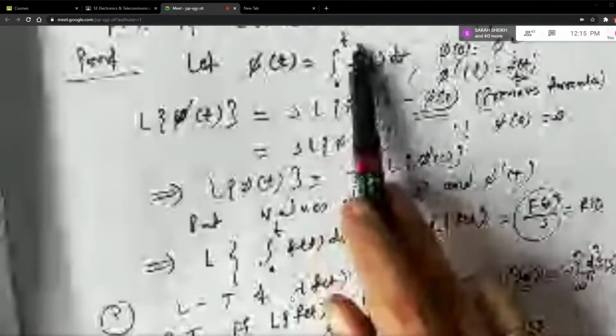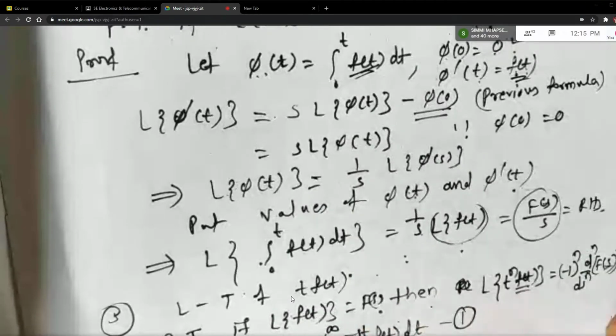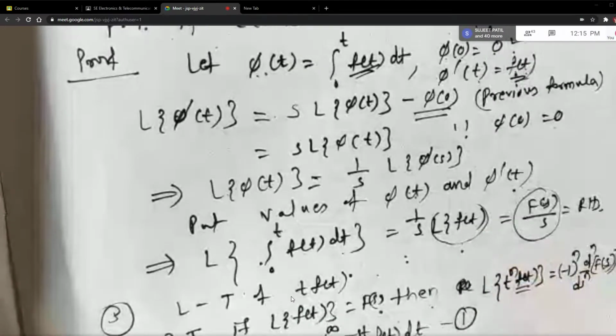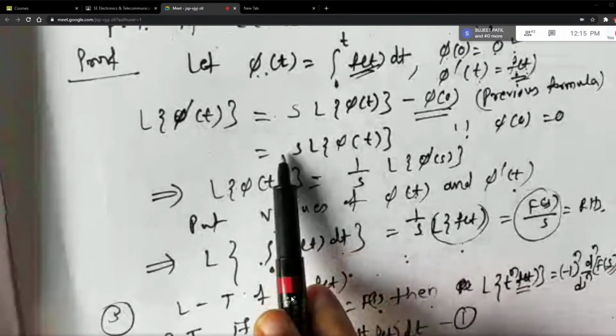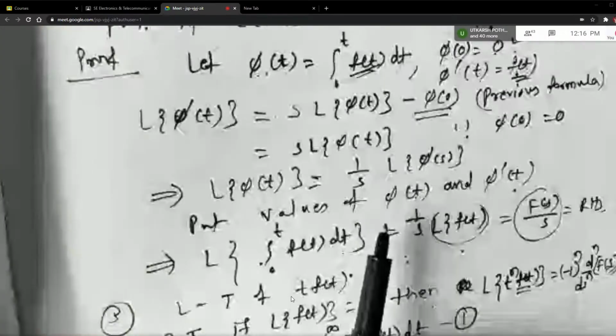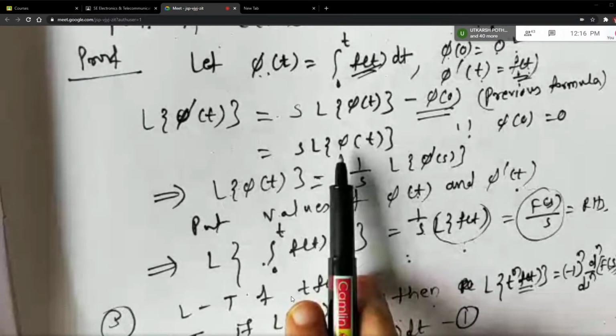What is phi of t, students? In the beginning we have taken, it is nothing but this integral from 0 to t f of t dt. 1 by s. What is phi dash of t? Phi dash of t we got it as s L of phi of t. Correct? What is this s L of phi of t? What is this value?